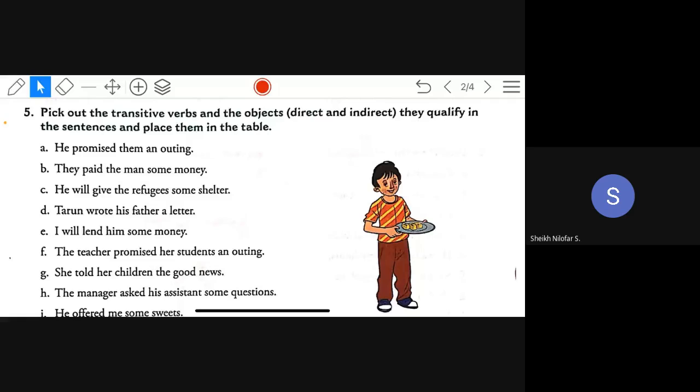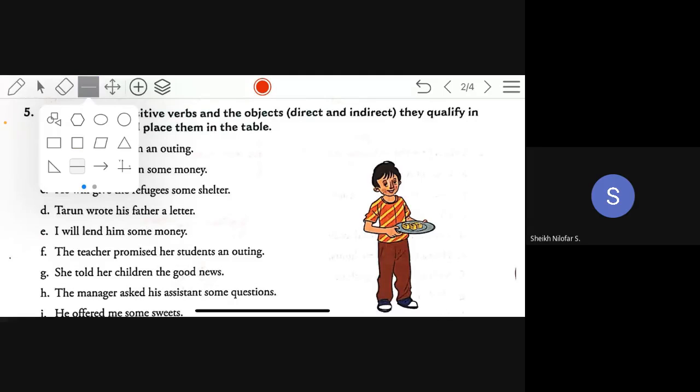Them is indirect object and outing is direct object. What is the verb? Promised. Promised is transitive.